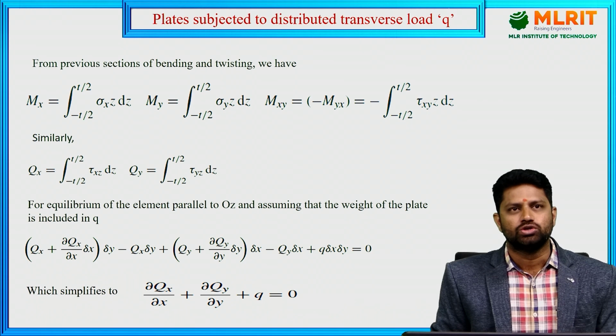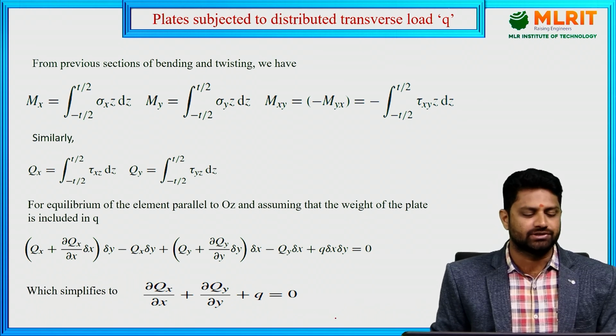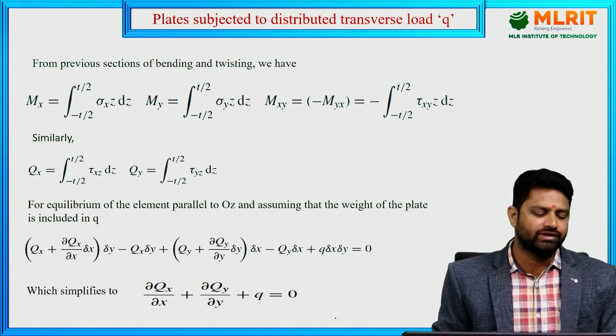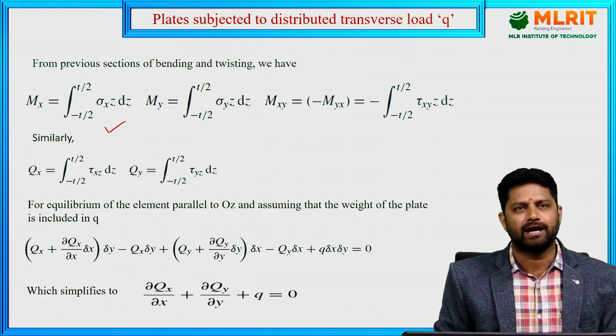These are the equations which we already know from the previous sections, that is, bending and twisting. We have seen that the bending moment mx is equal to the integral from minus t by 2 to plus t by 2 of sigma x into z into dz, and my is equal to the integral from minus t by 2 to plus t by 2 of sigma y into z into dz.